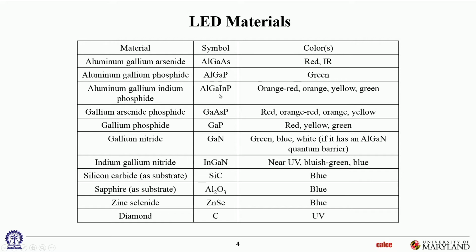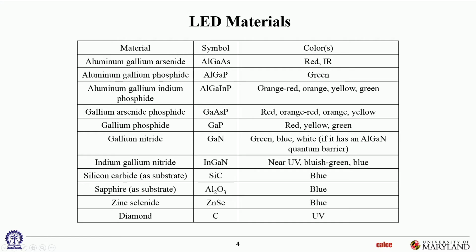So slowly you're changing the lattice constants, and with that the band gap energies, so that you get wavelengths of different colors, and so on. You could keep going down the list. You can see the blue LEDs are silicon carbide, alumina, or zinc selenide, and indium gallium nitride. So those are mostly the blue end of the spectrum.